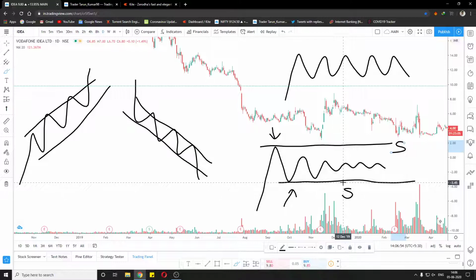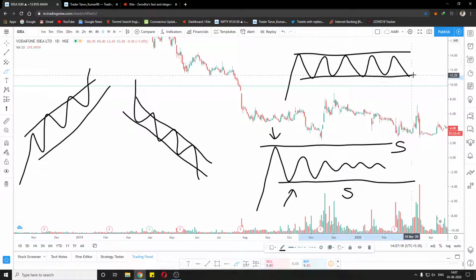So I think by this time everyone has the idea of how to draw trend lines, how to draw support and resistance, what is an uptrend, what is a downtrend, and how much time the market spends in each phase. As we have seen, the market is spending most of the time in support and resistance.